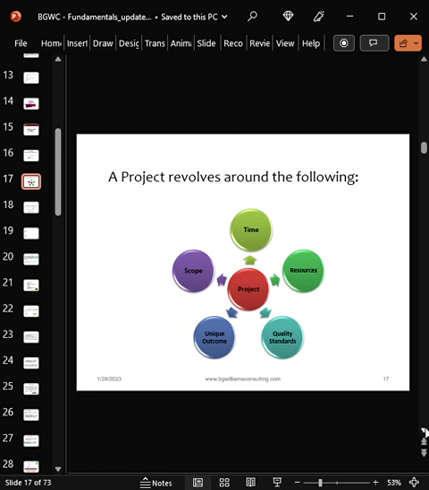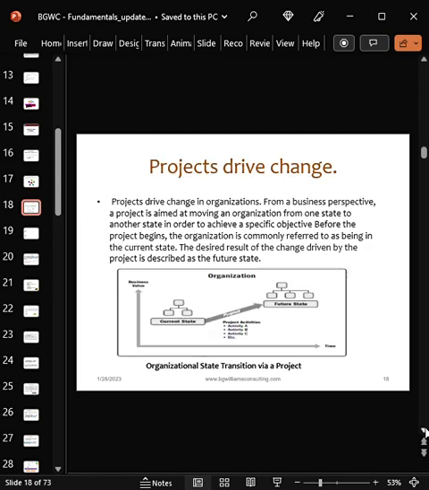We must talk about the scope, what we want to do; the schedule, when we want to do it; the resources, what we need to do it; the quality, the standard we will have to follow; and the result, which is the unique outcome. So you see that whatever organization you find yourself in, projects actually drive change.